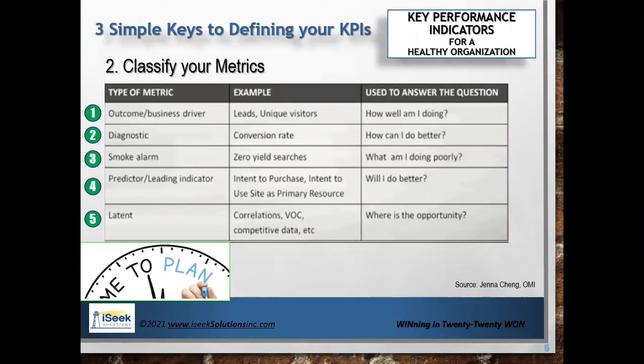The last two, number 4 and number 5, are the predictor or leading indicator, which happens before the sale, and number 5 is the latent metric, which happens after the sale. Both are still very good KPIs and should indicate what you can do better, where there are opportunities. There's always opportunities to do better.